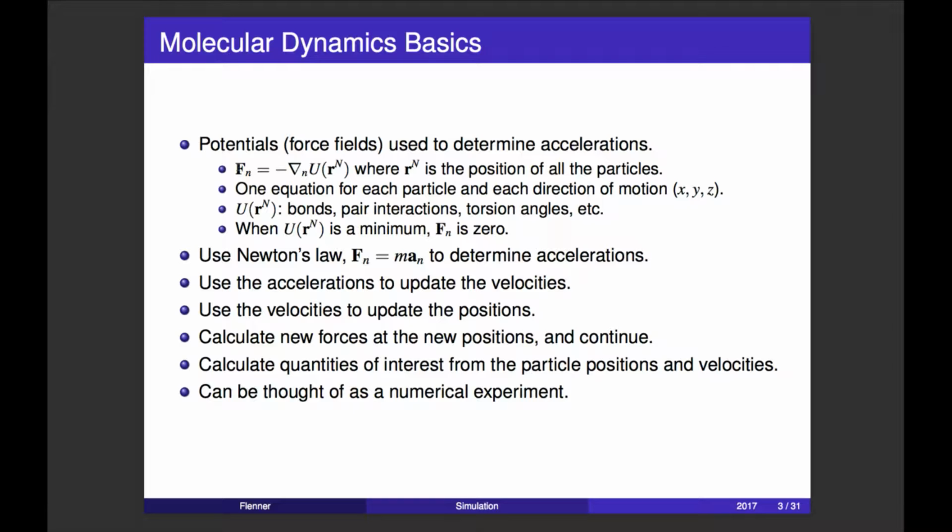I don't know how much you've seen of this, but in essence it's a fairly simple idea that's easy to code in the simulations. You have one equation for each particle, and for each direction of motion, the x, y, or z direction. And the potentials, like I said, have bonds, interactions, torsions. And when the potential is at a minimum, since the force is the derivative, then the force is zero.